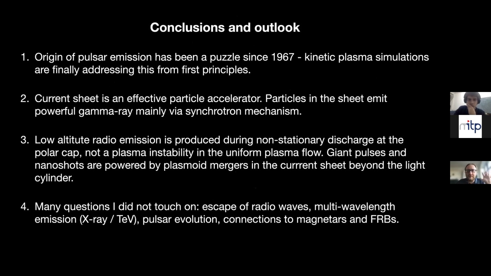So these are just the high-order conclusions of what I now think about the science. With these simulations with full plasma physics calculations, we're now trying to address long-standing questions of how the sources produce gamma rays and radio emission from first principles.